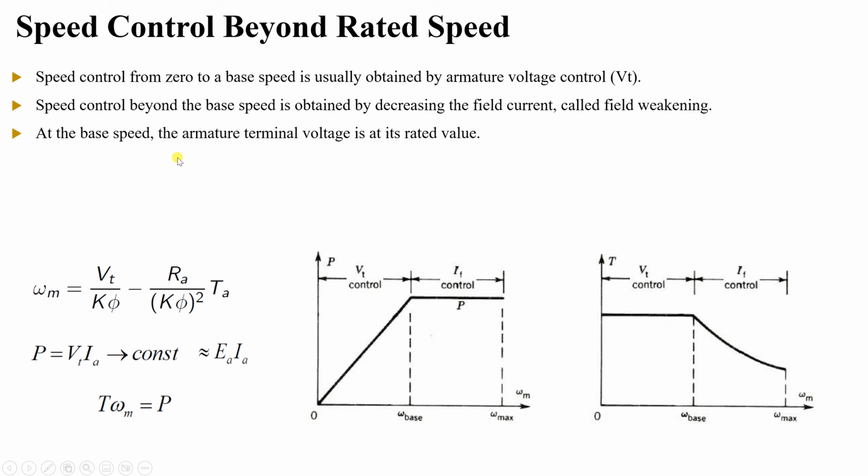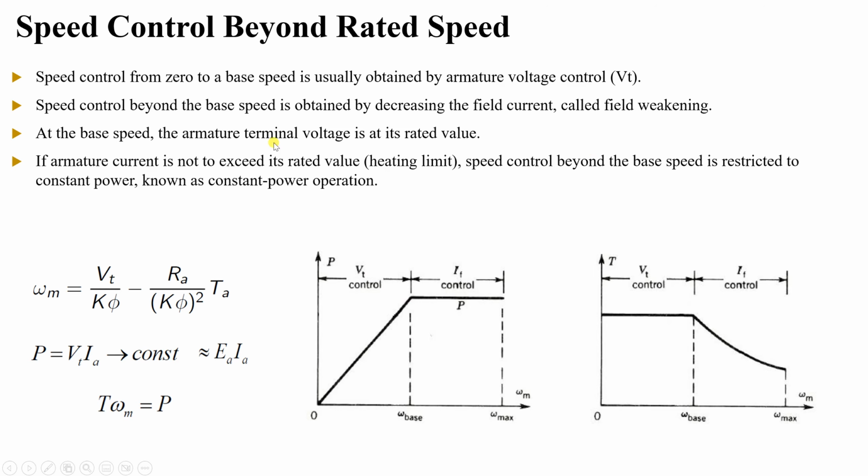At the base speed, at this point, the armature terminal voltage is at its rated value. If the current is not to exceed its rated value, speed control beyond the base speed is restricted to constant power, known as the constant power operation, as you can see here.